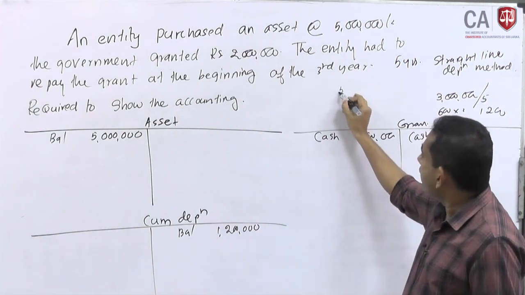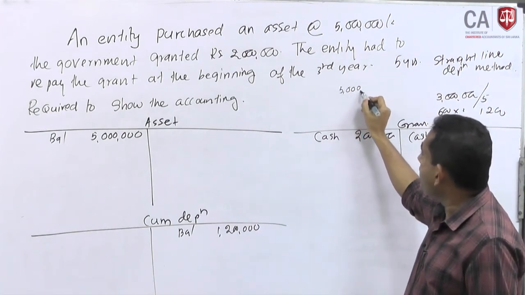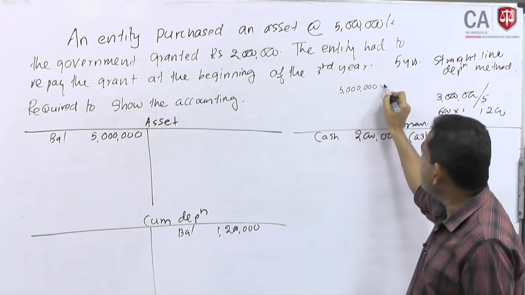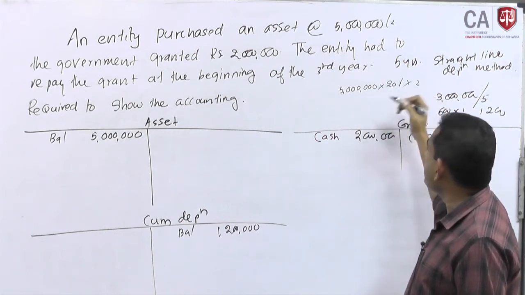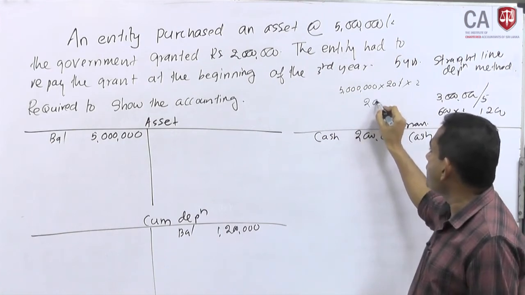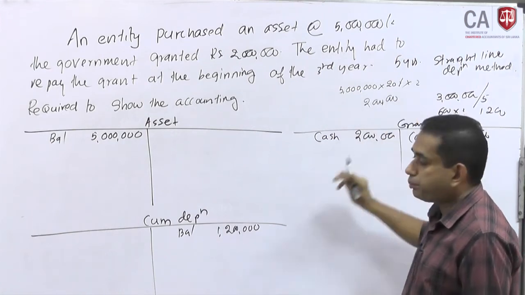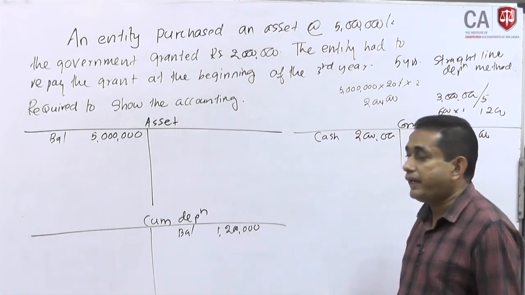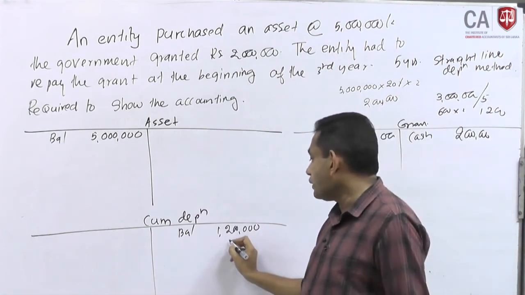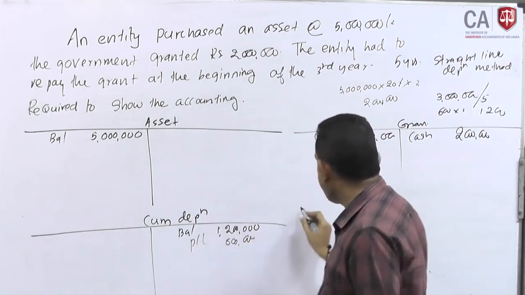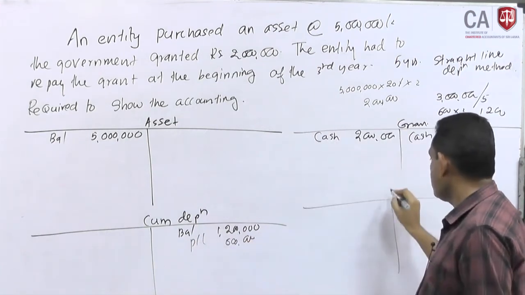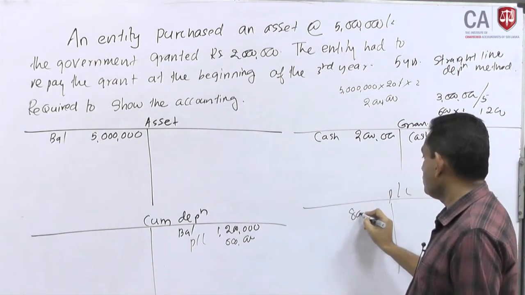What if you paid 5 million rupees to buy the asset at the beginning, and started depreciating it at 20%, over 2 years the cumulative depreciation figure would have been 2 million rupees. So, we are short here by 800,000. Credit to cumulative depreciation account and debit where? You should debit to profit and loss. Debit to profit and loss, right.